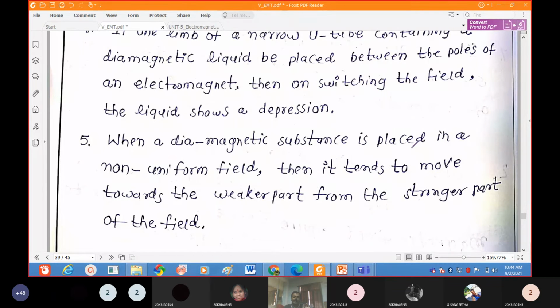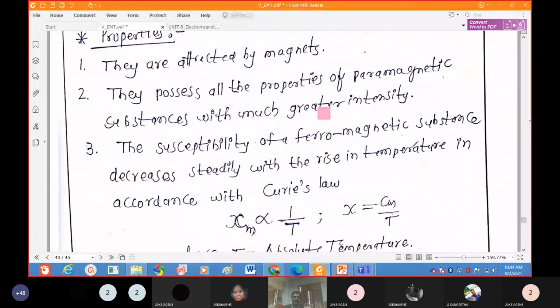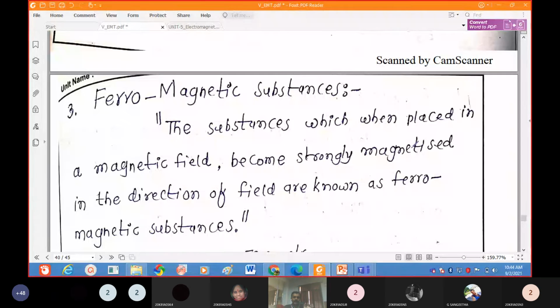The diamagnetic material moves towards the lower magnetic field direction. So if you place a diamagnetic material in a non-uniform magnetic field, it moves towards the lower magnetic field direction.